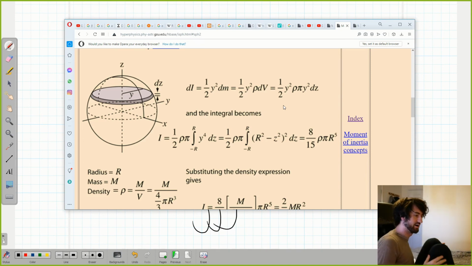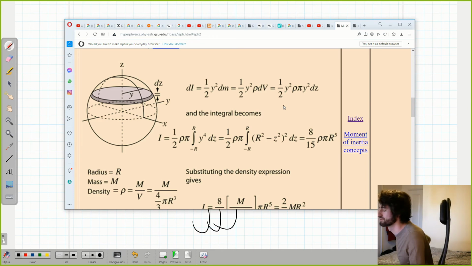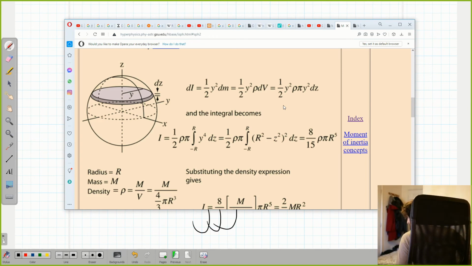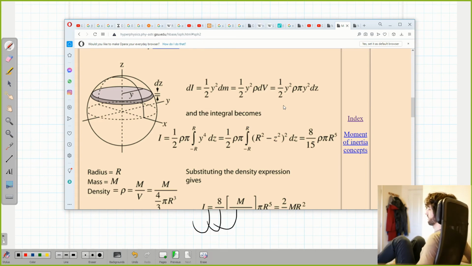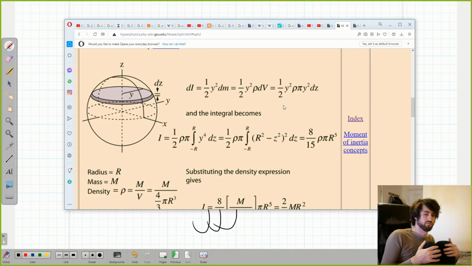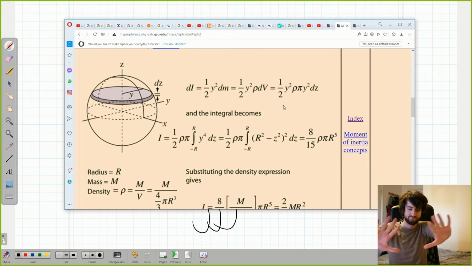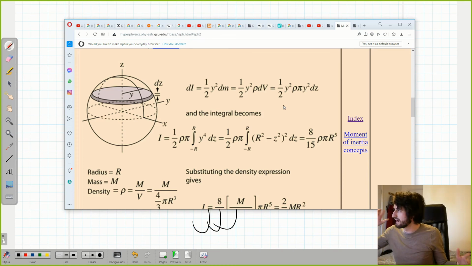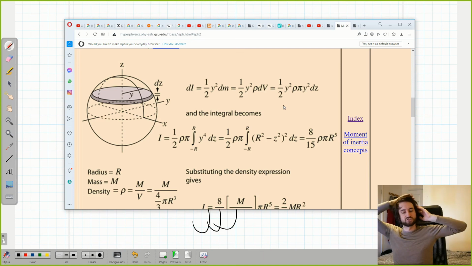In, out. Okay, that's the best demonstration I can show you right now because I spin myself really slowly. As soon as I spread myself out, I slowed down because my moment of inertia got bigger.